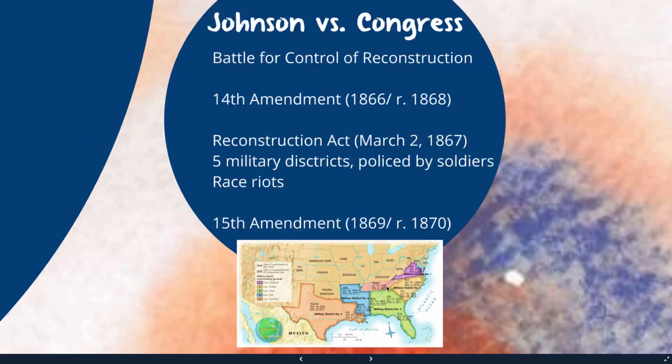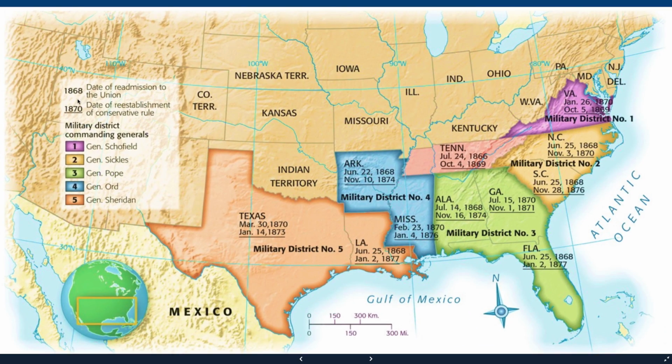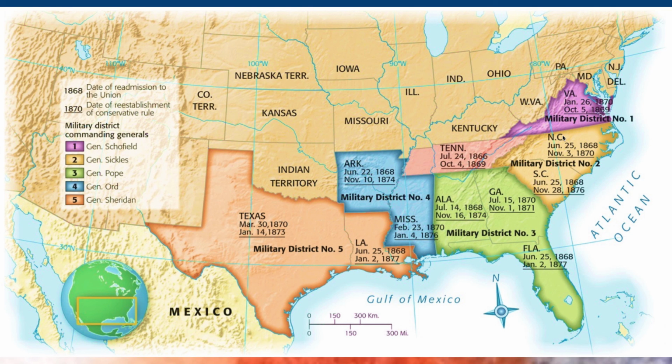And so if you look at these states right here, right, the date that they are readmitted into the country is the day that they essentially passed the 14th Amendment. So if you look closely, because that's one of the requirements.